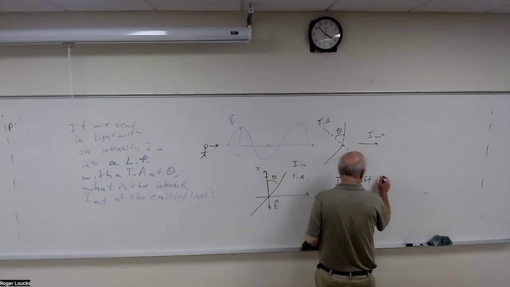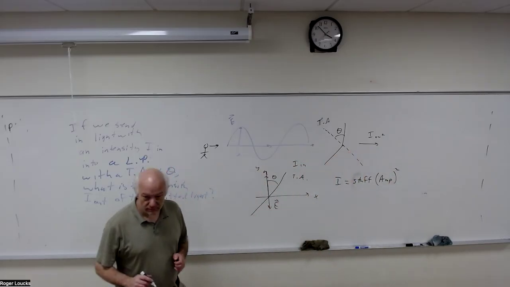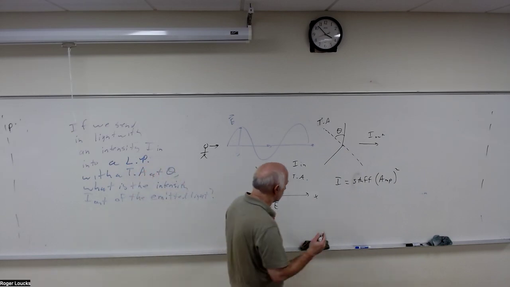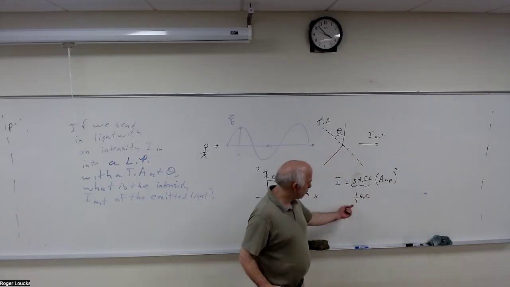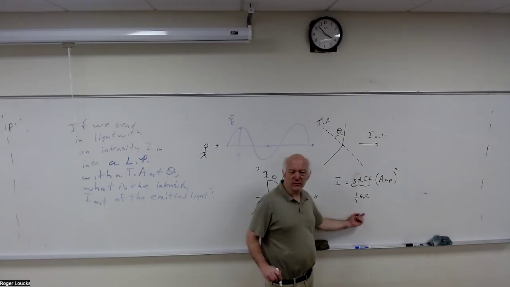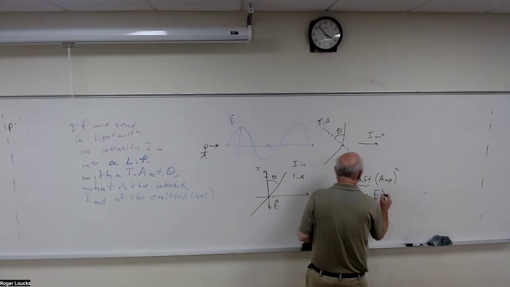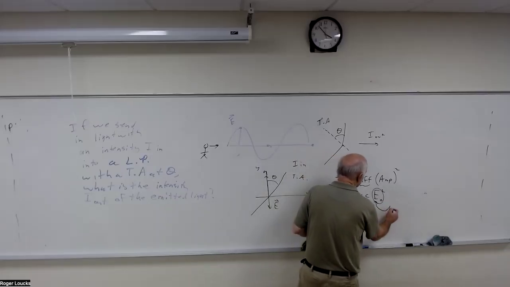This is the amplitude, squared like that. That makes sense? Now the stuff here, if you work it out, I think it's like one half epsilon naught c. Don't quote me, I'd have to work it out. It's something like this, times E naught squared. This E naught here is your amplitude.